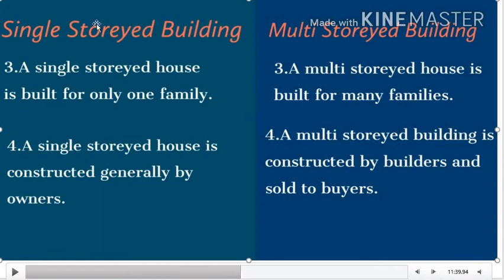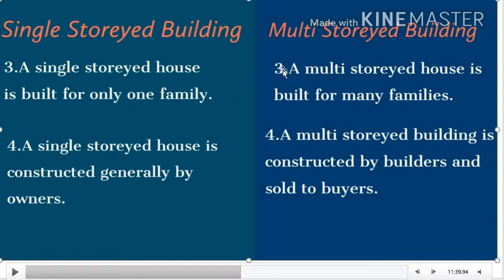It is possible that even in a single storied house you get 5 to 6 rooms. If someone is not comfortable with multi-storied, they can build single storied, because they have the fear of earthquakes and so on. So they choose a single storied house with multiple rooms.